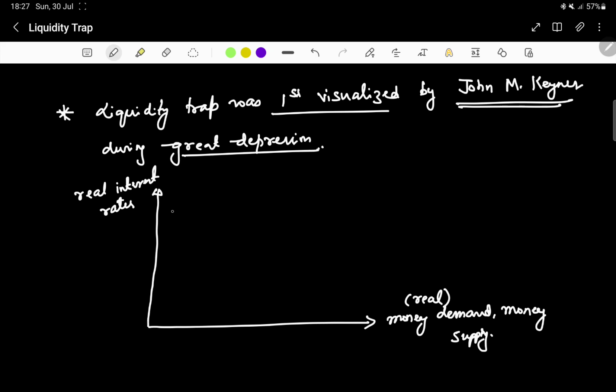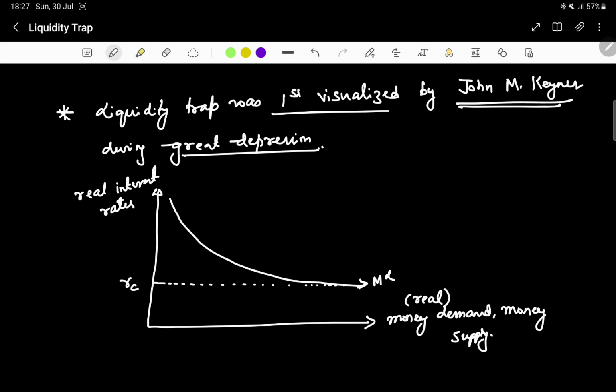So it was argued that the money demand function acts like this; this is your money demand function. There is an interest rate, if I extend it to here, called R critical. You can see from this diagram that the money demand function is not going below this.